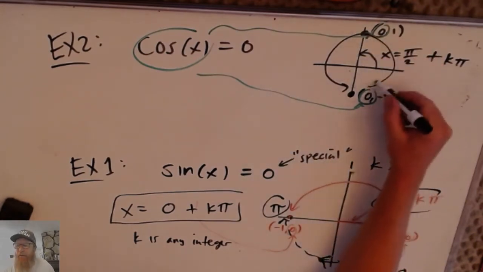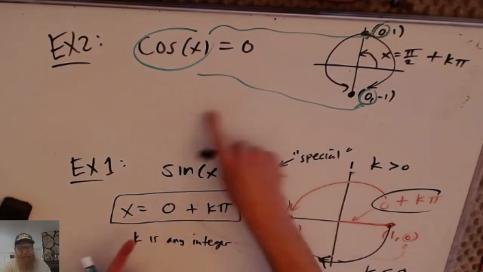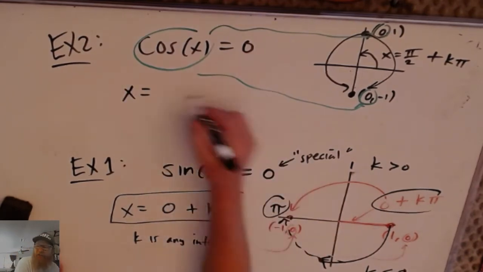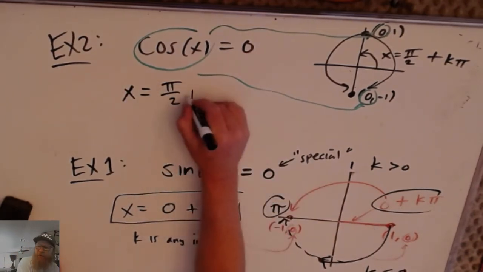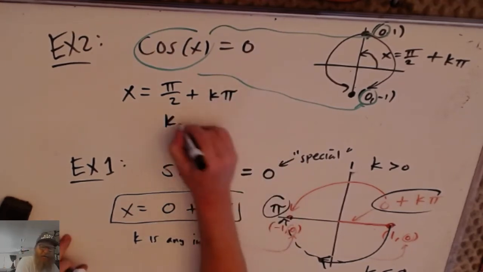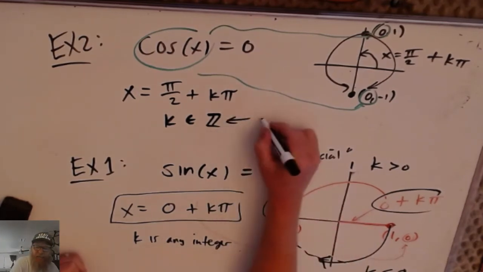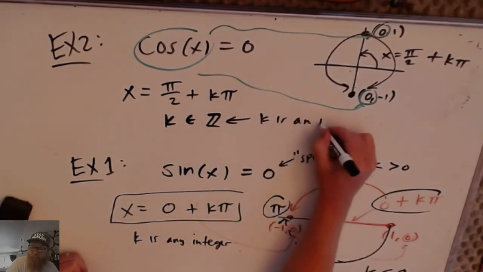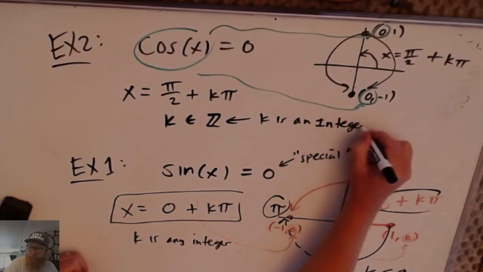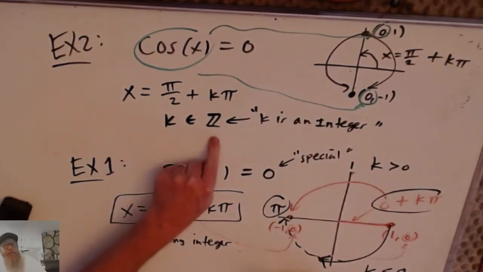If you go around clockwise, it's the same idea, if k is any integer. So your solution here would be pi over 2 plus k pi, k is an element of Z. It means that k is an integer. Fancy, we say k is an element of Z.